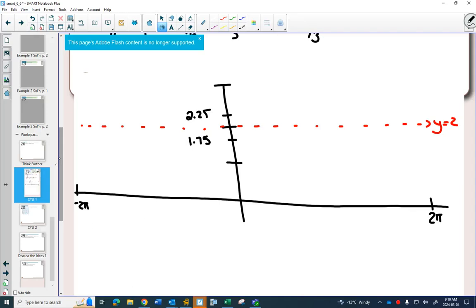If this is 2 pi, then 2 pi over 3 is taking this length and dividing it into thirds. So 2 pi over 3 would be about there. And then this got divided into 4 equal sections, which we labeled as pi over 6, pi over 3, and pi over 2.